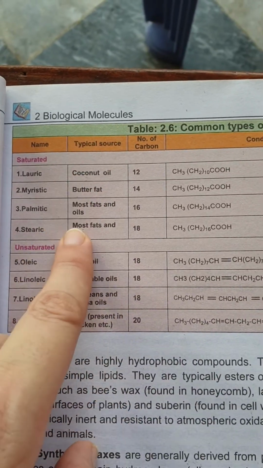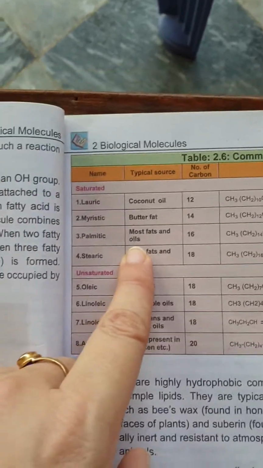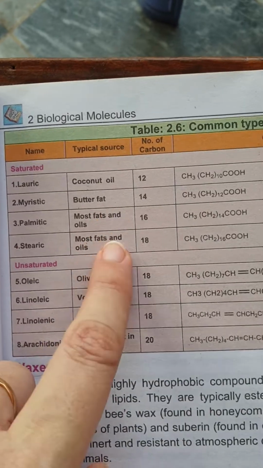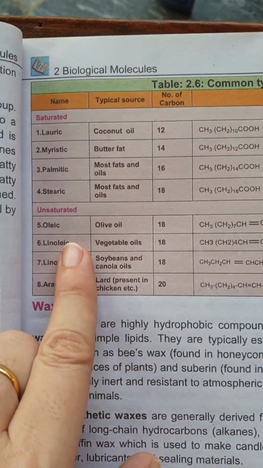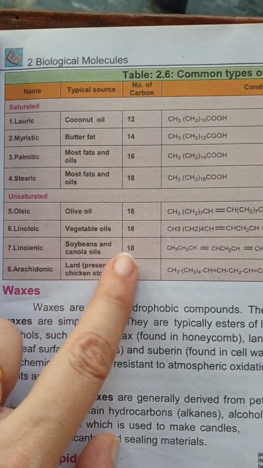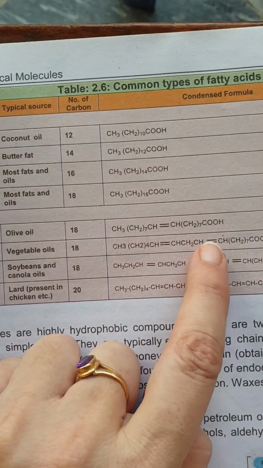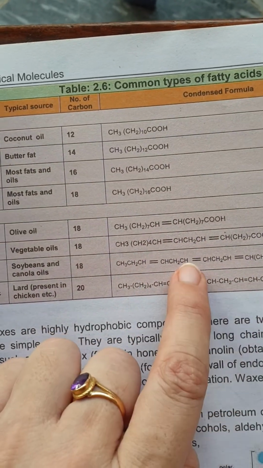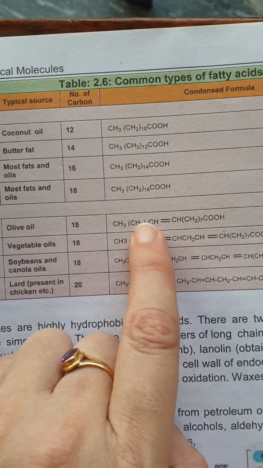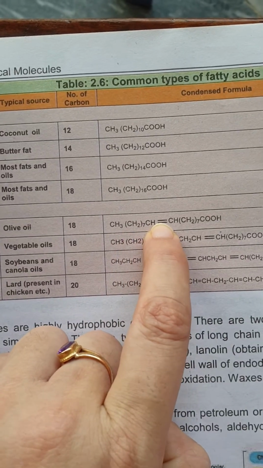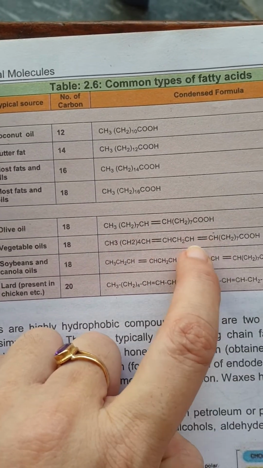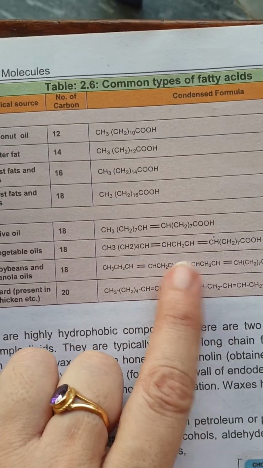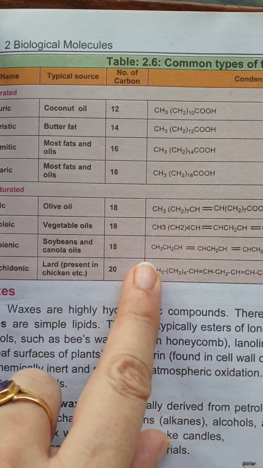And mostly these fatty acids are components of plant lipids. Unsaturated fatty acids means that they contain double bonds in between their hydrocarbons. In the middle of the carbon and hydrogen bonding, some bonds are double covalent bonds.